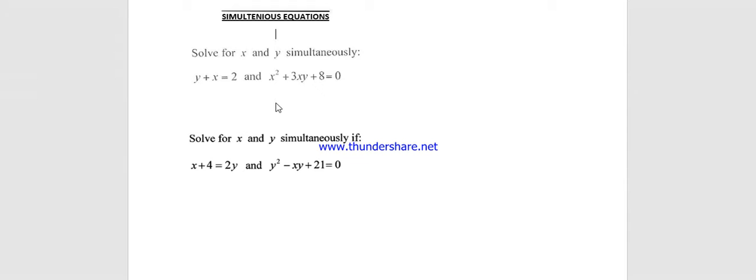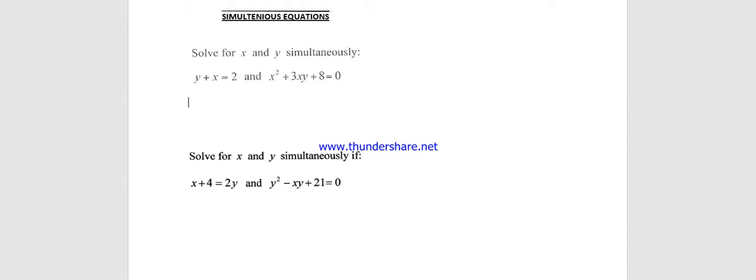So let us see what is expected from you when you are given a question like this and you have to solve for x and y simultaneously. What you should bear in mind is that you need to know what the value of y is if x is this value, or what the value of x is if y is this value.